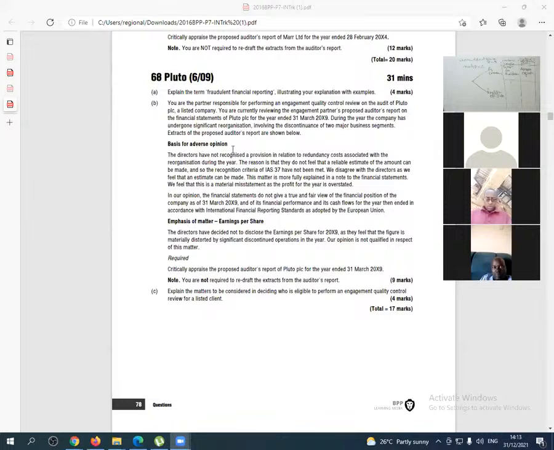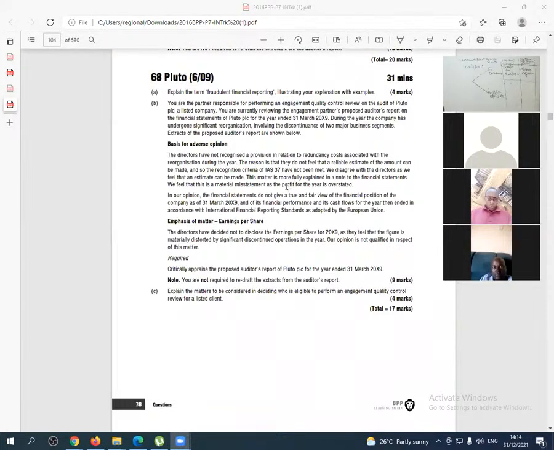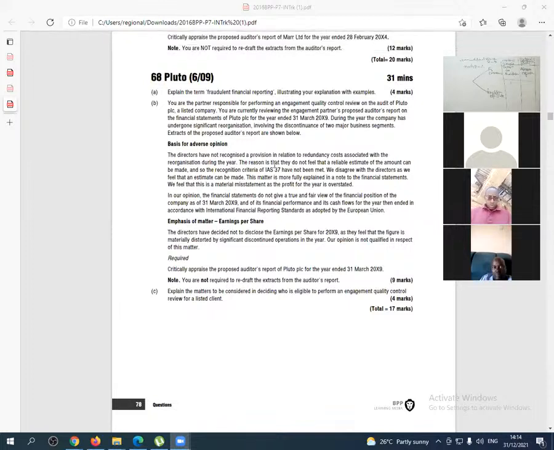Basis for adverse opinion. It should have been named opinion paragraph, and then basis down there. The directors have not recognized a provision in relation to redundancy costs associated with the organization during the year. The reason is that, ladies and gentlemen, it's only one thing.